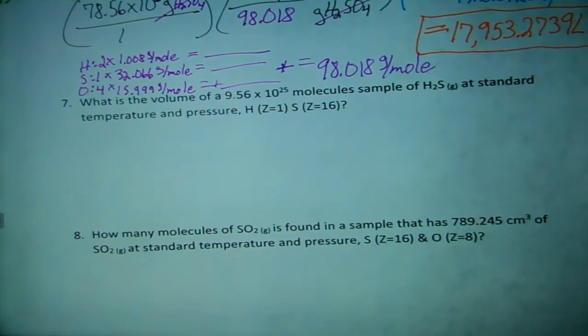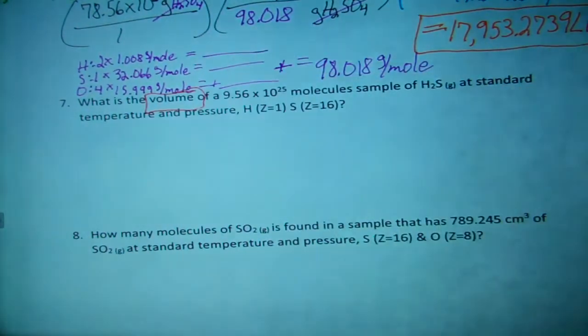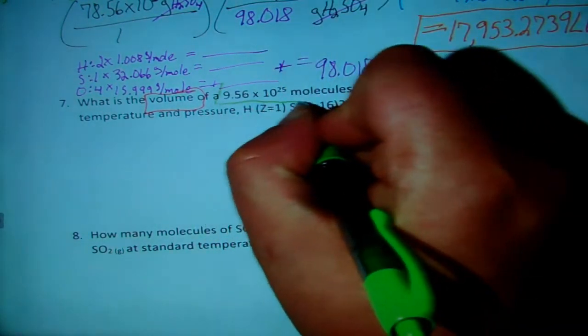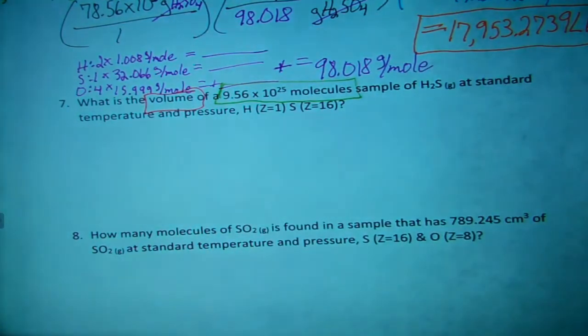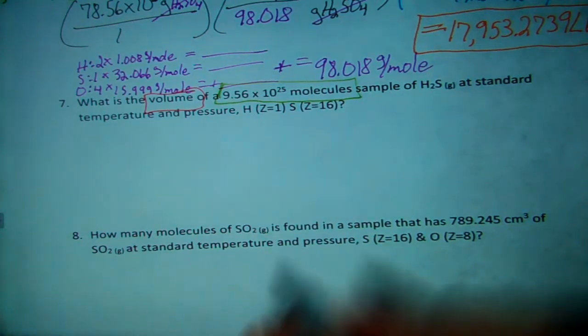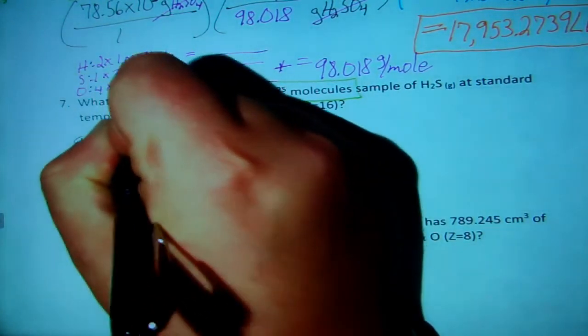Okay, what is the volume of a gas of 9.56 times 10 to the 25th molecules sample of H2S at standard temperature and pressure? Standard temperature and pressure, I can solve the problem. Formulating my plan, I'm just going to go from molecules to volume.